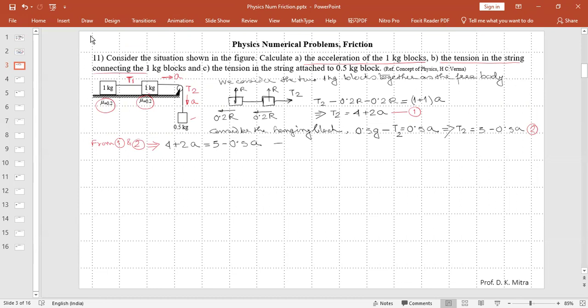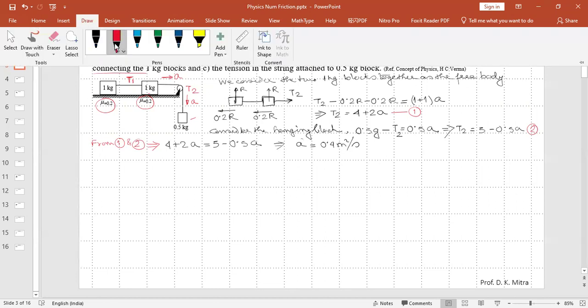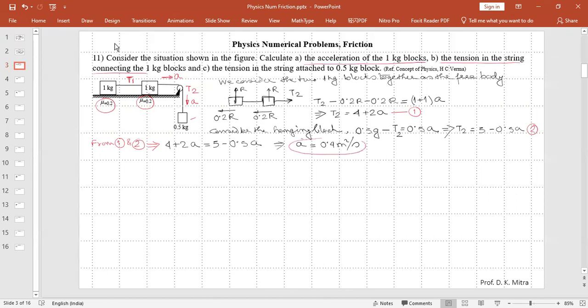From here, you can easily find the acceleration A. So this is one answer that they want you to find out.